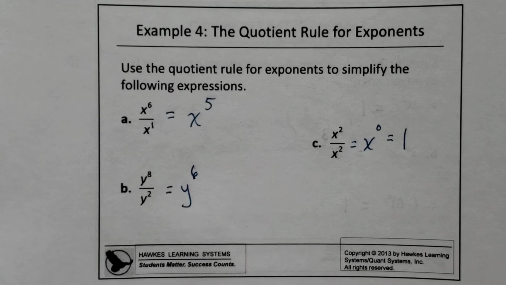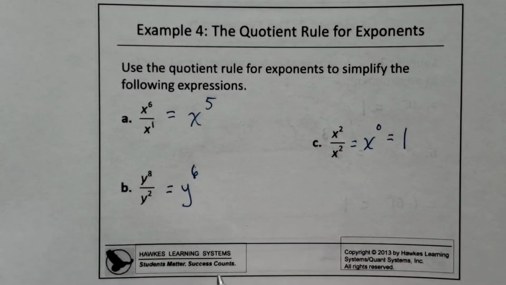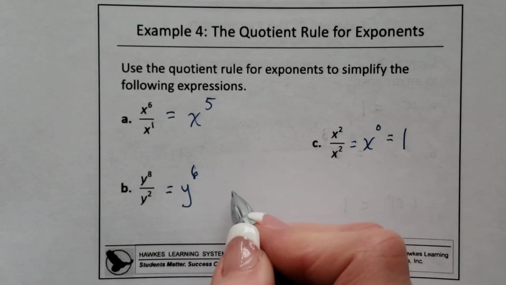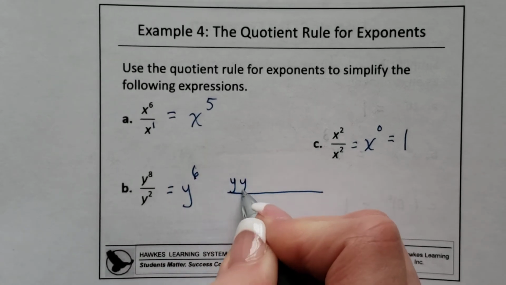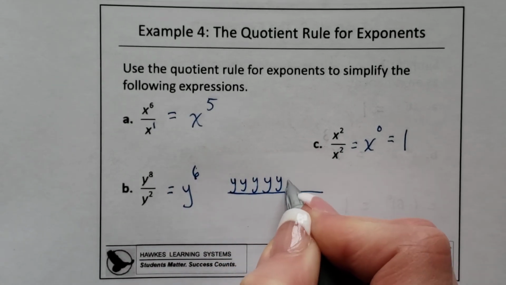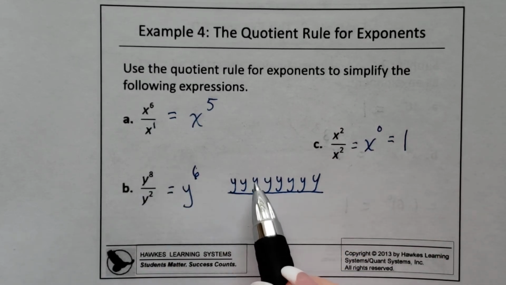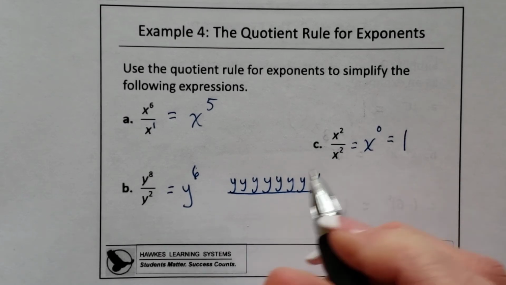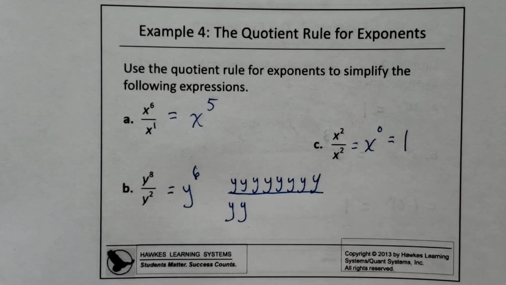All right, so let me show you a different way to look at this. So basically, letter A, well, I have more space for letter B. If I wrote this out, what it means is 8 y's. Y to the 8th is the same thing as 1, 2, 3, 4, 5, 6, 7, 8 y's being multiplied, divided by y times y.